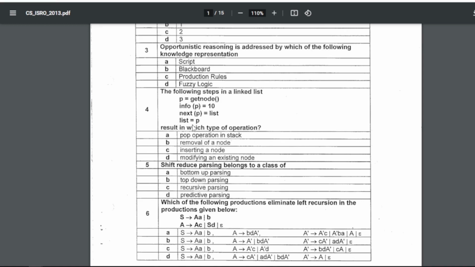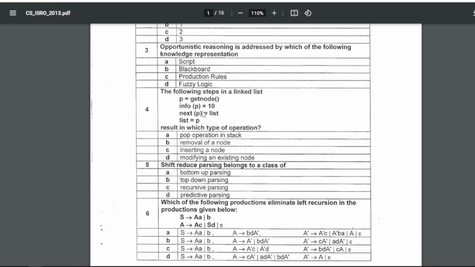So here you are inserting the node, because the given steps result in the insertion of a new node at the beginning of the linked list, right? The first step, P = getnode, creates a new node P using the getnode function. The second step, info(P) = 10, sets the info field of the new node P to the value 10.